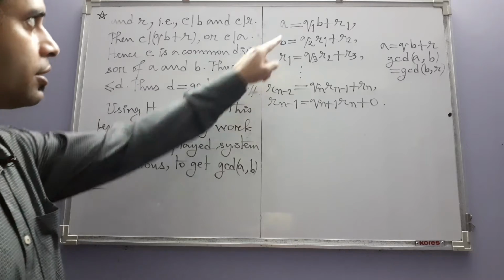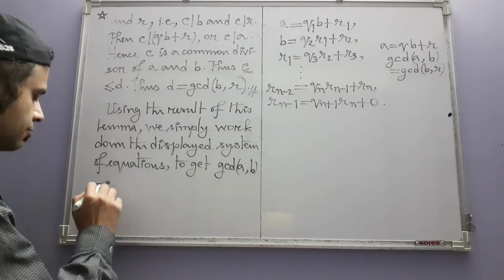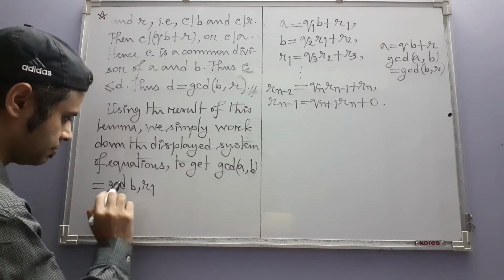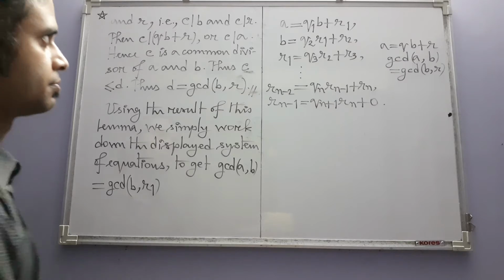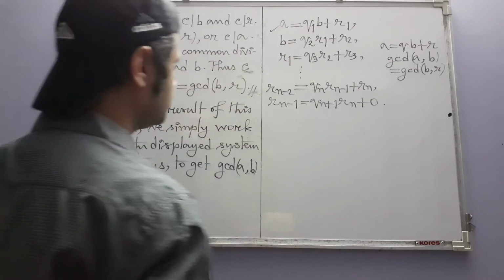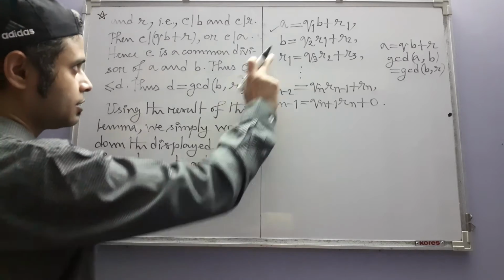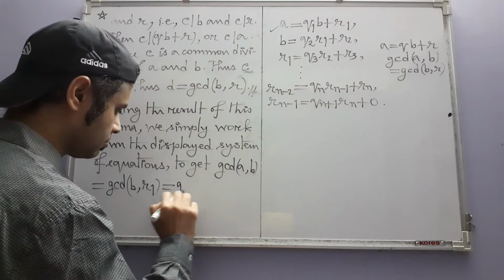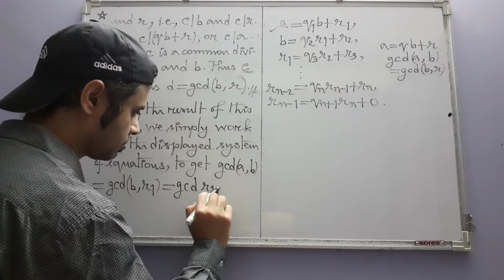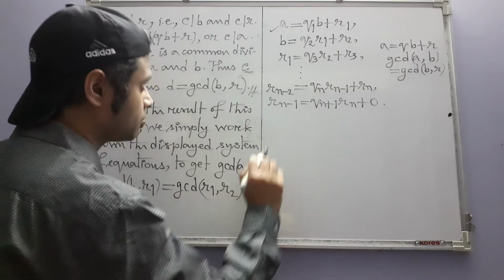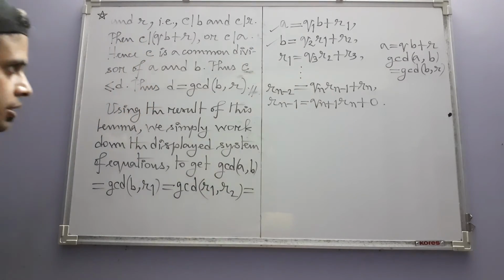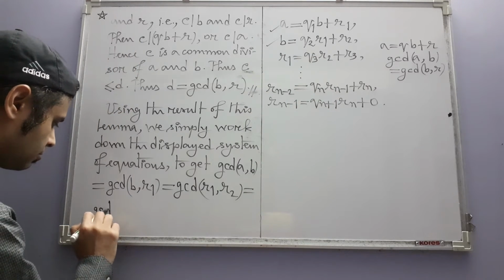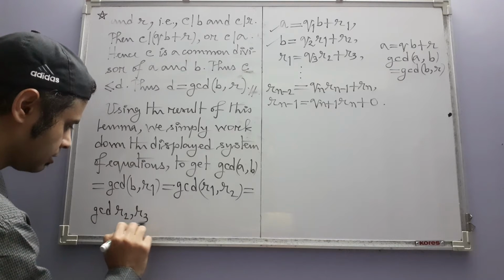According to this first equation, that is equal to GCD of B and R1. So we have used this. Then by the second equation, GCD of B and R1 is equal to GCD of R1 and R2. Then by the third equation, this GCD of R1 and R2 is equal to GCD of R2 and R3.